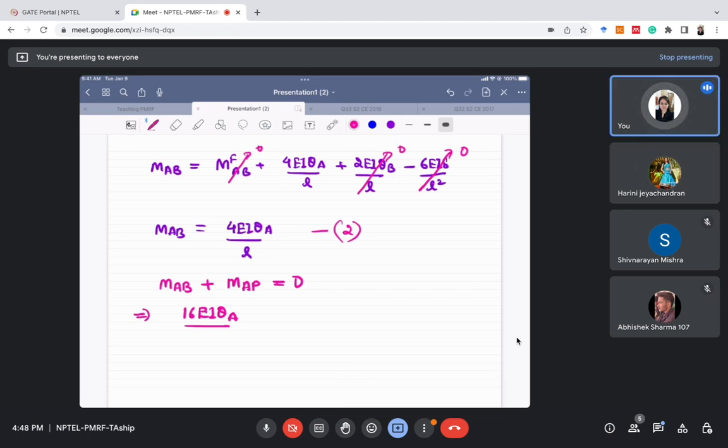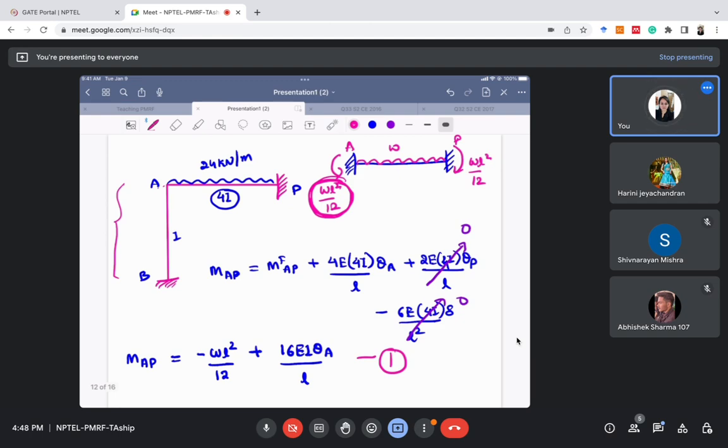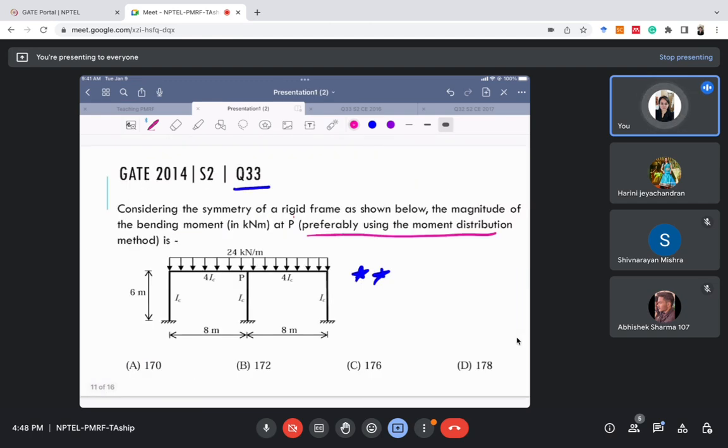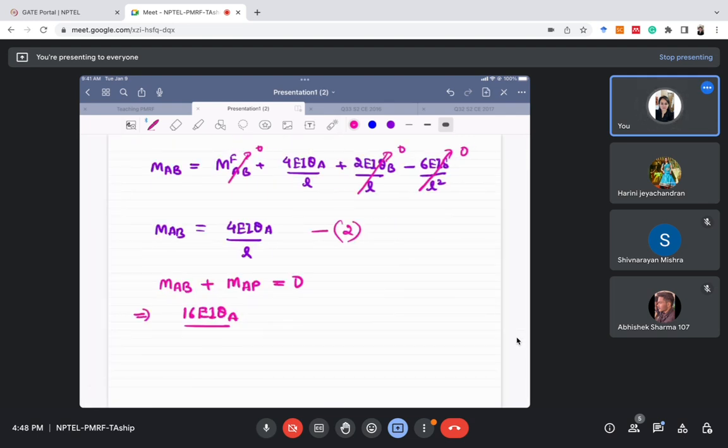Why are we calculating MAB? The final motive here is to calculate the value of moment at P. They are asking the value of moment at P, so the final motive is to find MPA. What is the equation for MPA?